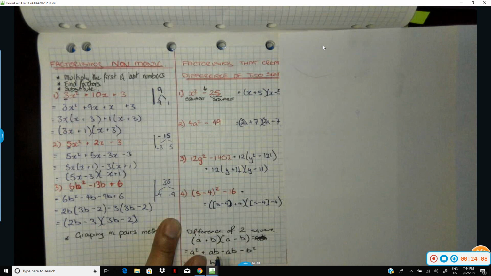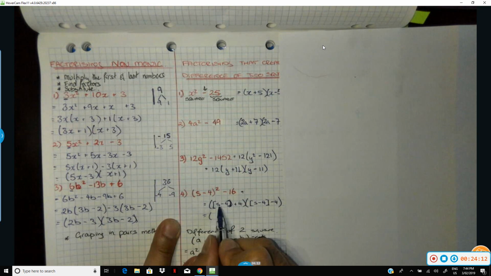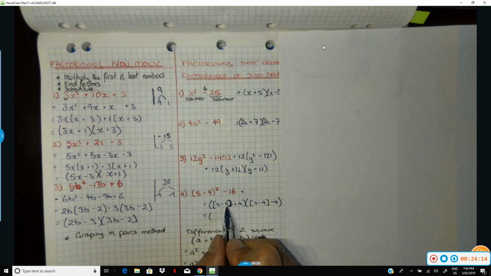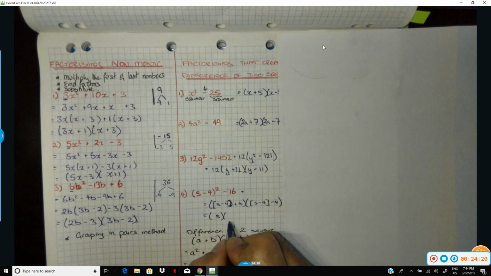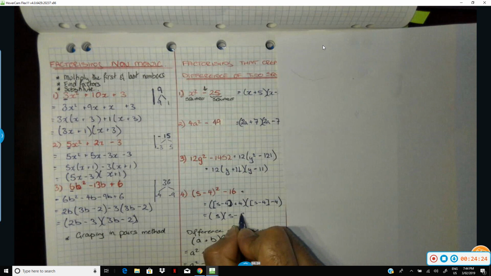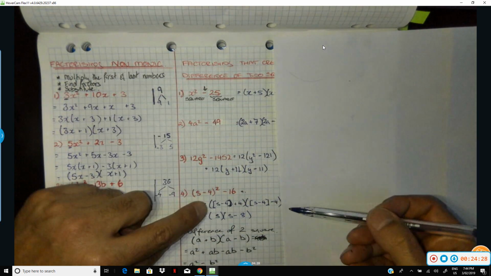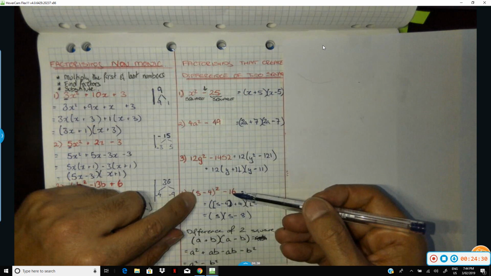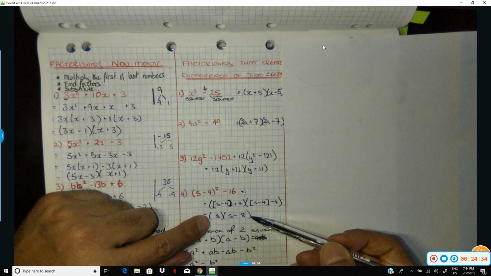Okay, that would be true. I can simplify it further. s minus 4 plus 4 is just going to be s. And then s minus 4 minus 4 is s minus 8. That is a factorized form of that, but obviously if we were to expand that out, we would get to this as our solution. So that's why it's coming up.